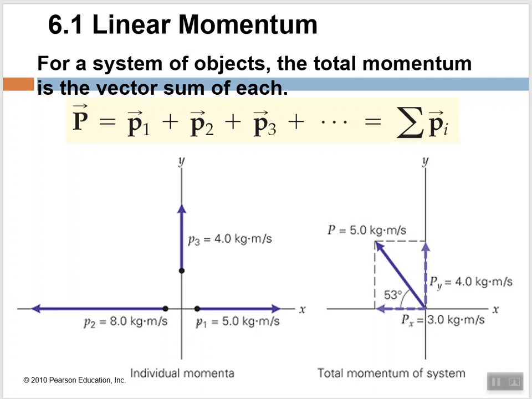If you take 1 and 2 and add them together, you get 3 going to the left, and that's why over here they're saying the resultant, or the total momentum in the x direction, is 3 to the left. They have a total of 4 going up. So when you put those two together, we get 5 kilogram meters per second at a 53-degree angle from the horizon.